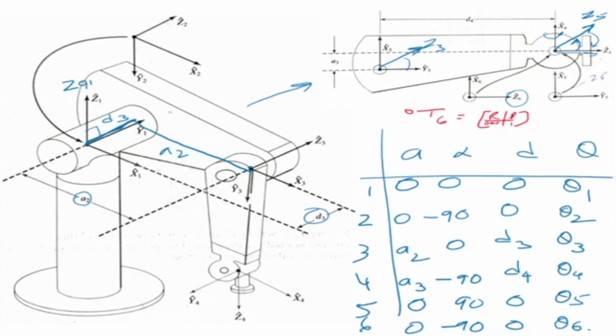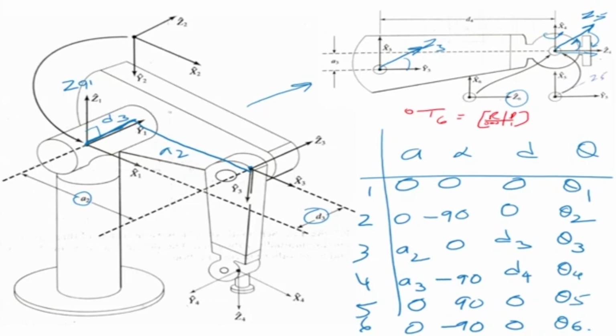So if I find the link-to-link transformations, multiply them out, and then try to equate it to the desired position orientation of the end effector, and then try to solve equation by equation, we will not be able to solve for this kind of manipulator. So the solution for every manipulator could be different, or you have to be very, very observant to see how the equations are, and then try and solve.